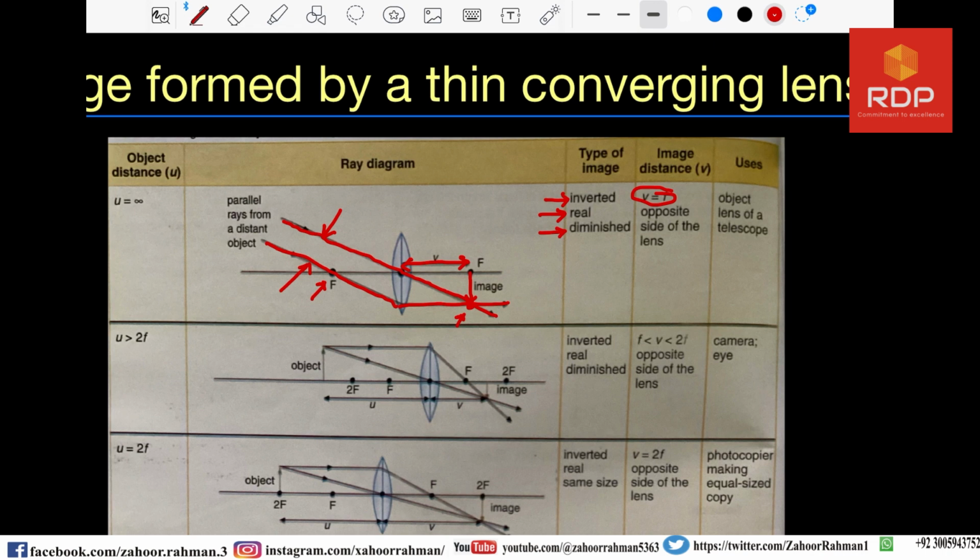What is the use of this type of scenario? We use it inside the objective lens of a telescope. When the object is at infinity, at a very large distance, we use this to see it through the telescope. That was the first situation.